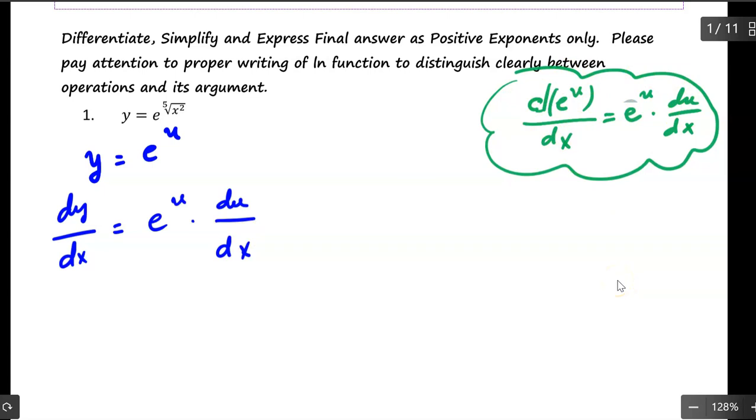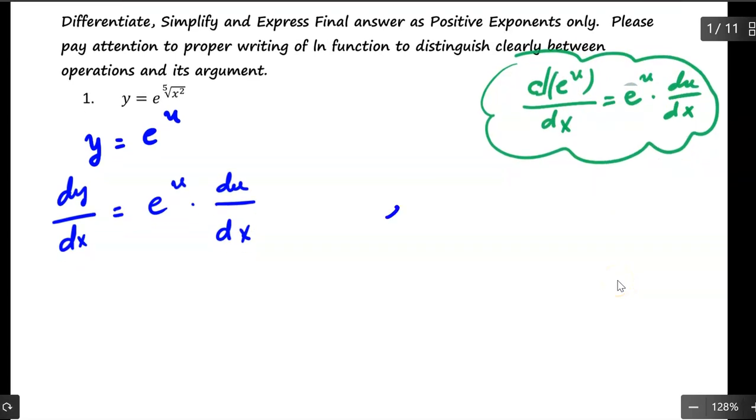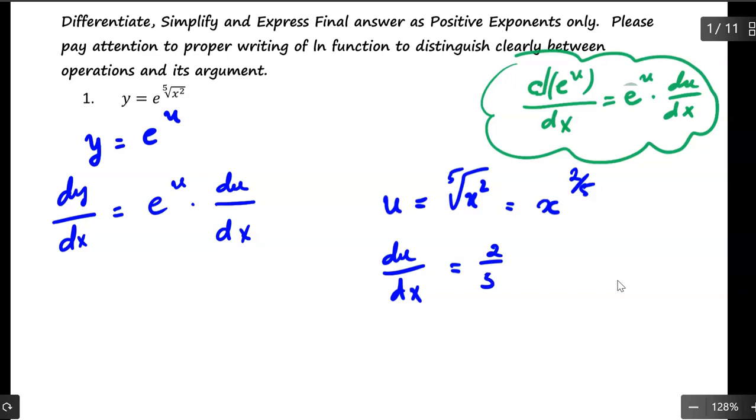Since I let u equal to the fifth root of x squared, you can rewrite it as x raised to the exponent 2 over 5. Then du over dx will be equal to 2 over 5 times x raised to the exponent of 2 over 5 subtract 1.